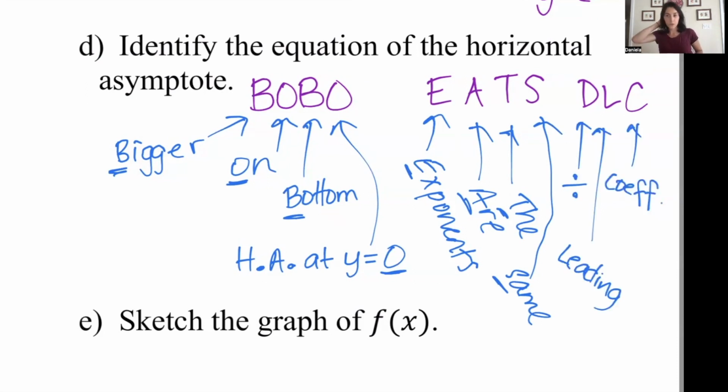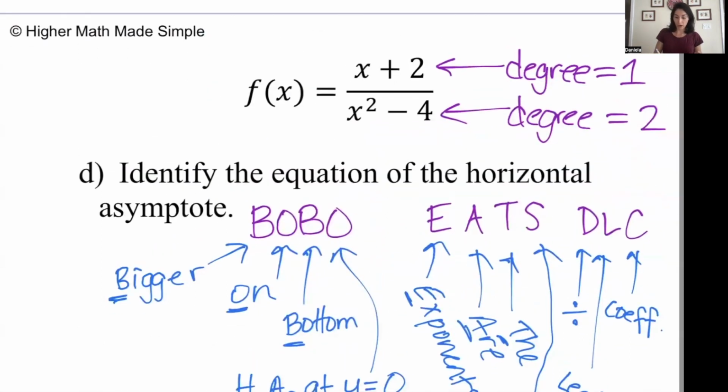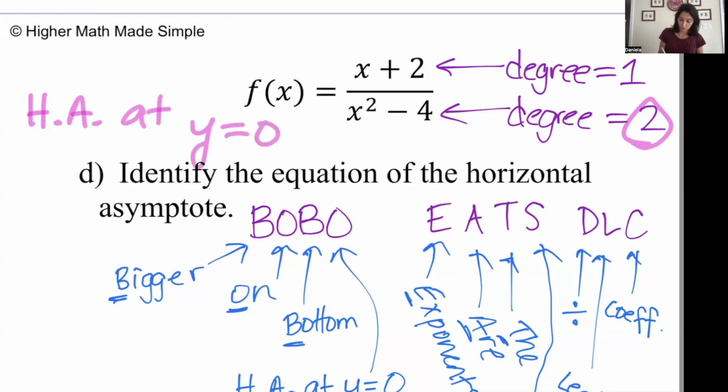Okay, so D stands for divide, L stands for leading, and then C stands for coefficients, in which I abbreviated. Okay, so if you notice, it is bigger on the bottom, right? The bottom is degree 2, that's bigger than degree 1. So therefore, this has a horizontal asymptote, HA, at the line y equals 0. In other words, the x-axis.